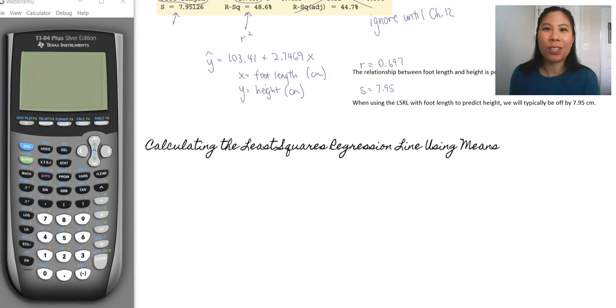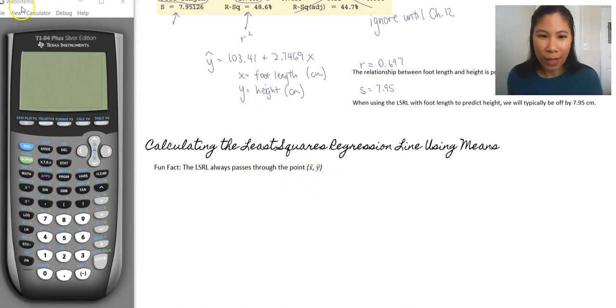The last thing I want to talk about in this section is calculating the least squares regression line using means. Fun fact, the least squares regression line, that line of best fit, always passes through the mean of the x variable and the mean of the y variable as a coordinate, x bar comma y bar, because x bar and y bar with the bar on top means the mean.